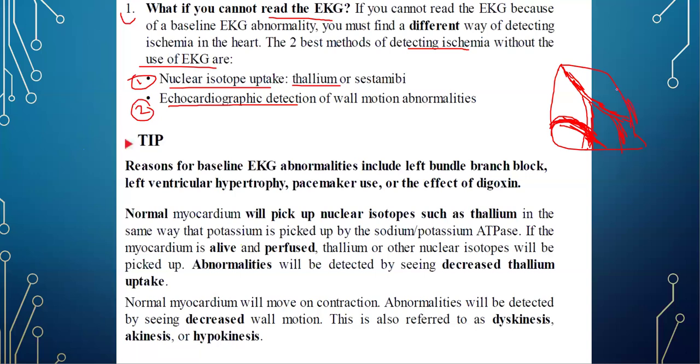If it is not moving, it means this part of the heart is not getting enough blood. So if a patient has baseline ECG abnormality, which includes left bundle branch block, left ventricular hypertrophy, or a pacemaker, if any of this is there, most of the time we will go for this nuclear isotope scan or echocardiogram.